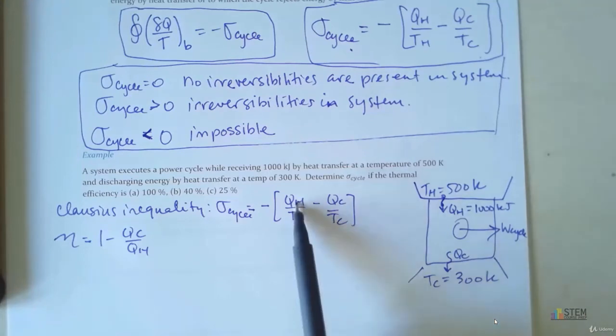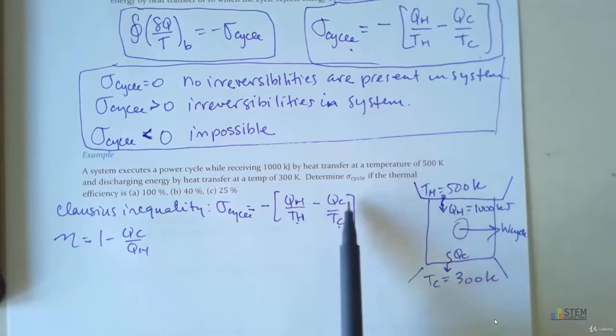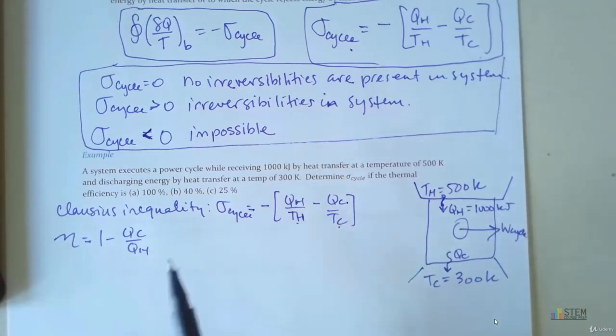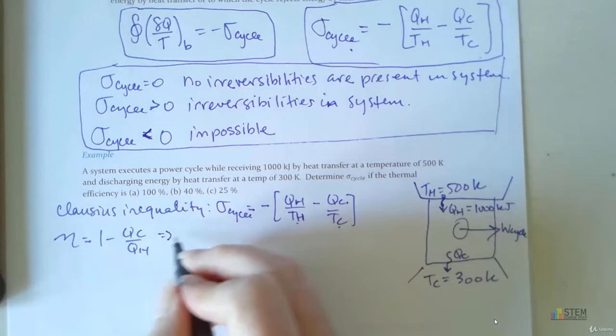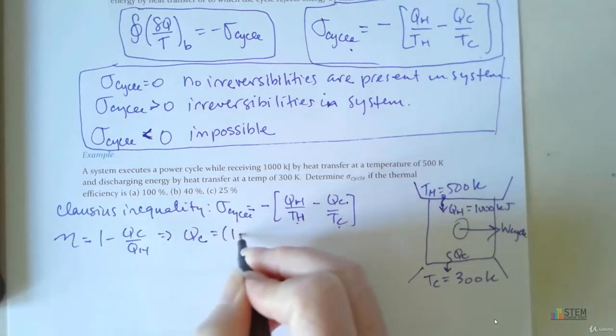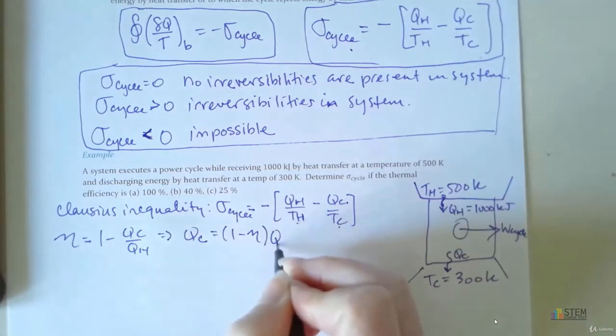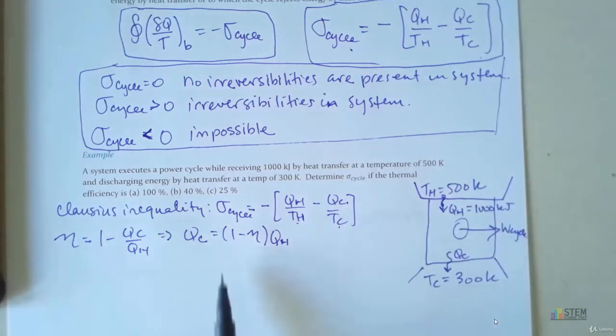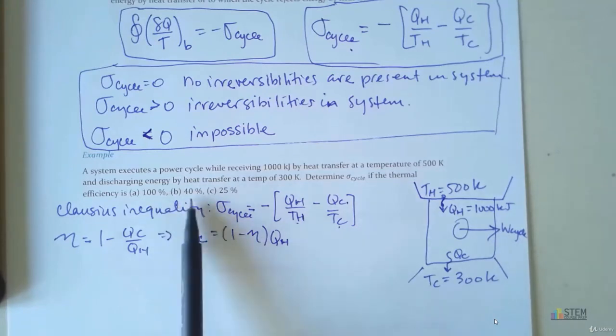Now, we have QH, we have TH, we have TC. We don't have QC. Let's use this equation here to find QC. Then we can have everything we need. Now QC is 1 minus the efficiency times QH. We were given the efficiency, right? We have 3 different values for it.